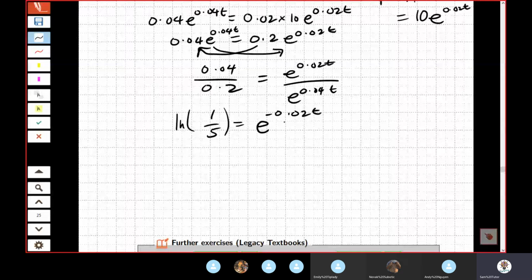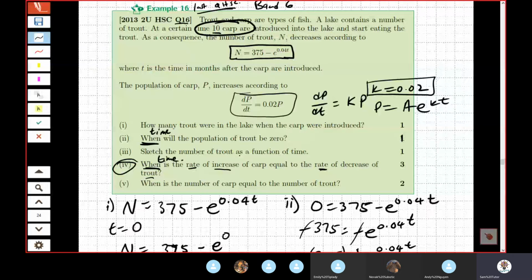I always stop there. I go back to read the question. When is the rate of increase equal to the rate of trout? What is t in months? In the 80th month.